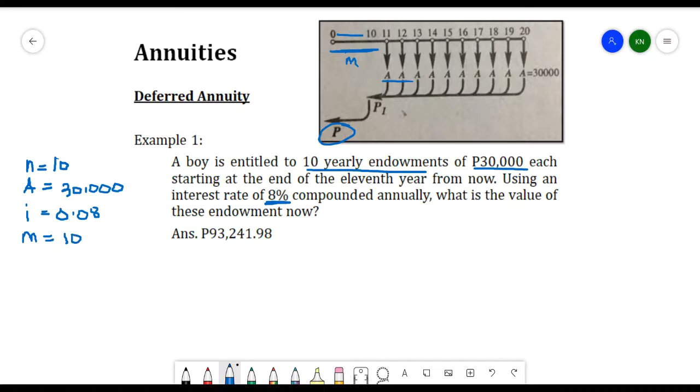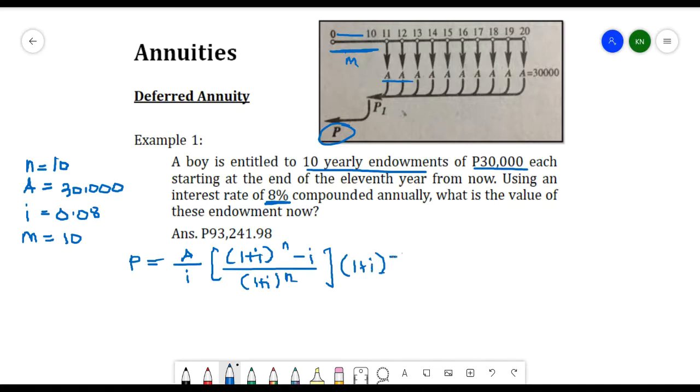Now from the formula that we had earlier, P is equivalent to A over I times (1 plus I raised to N minus 1) all over (1 plus I raised to N), multiplied by 1 plus I raised to negative M.